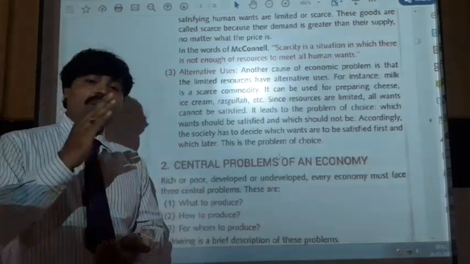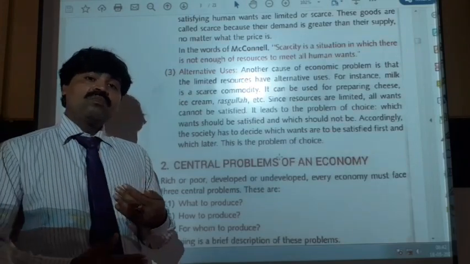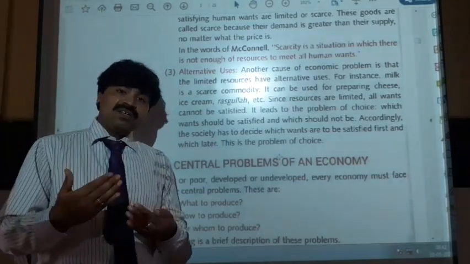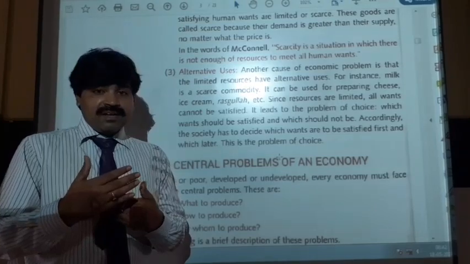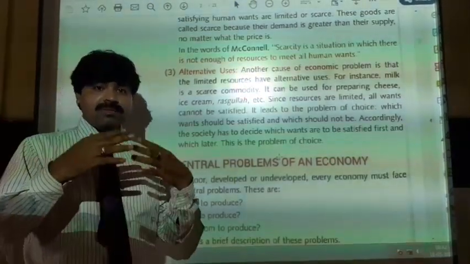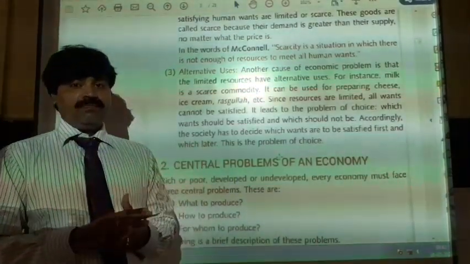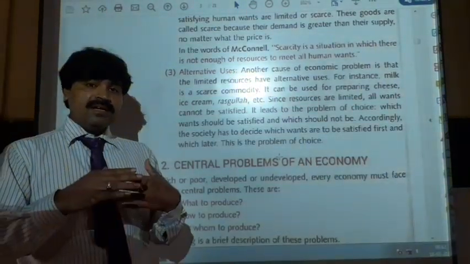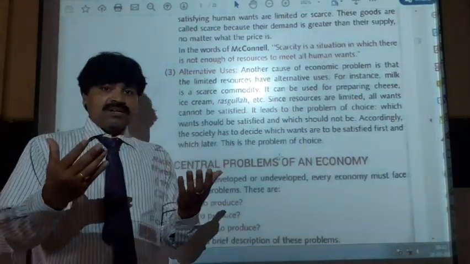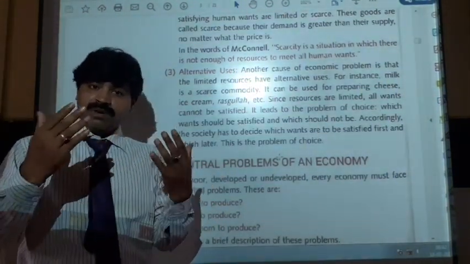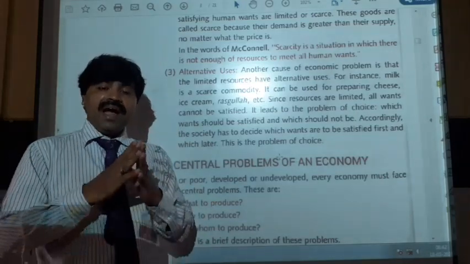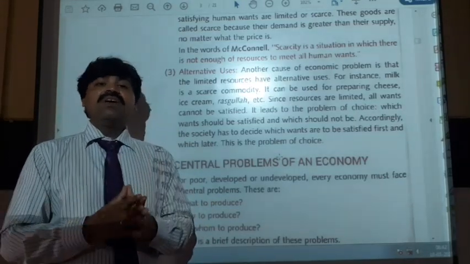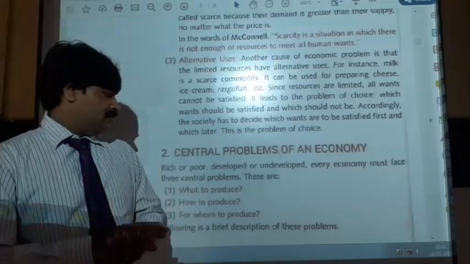Our economic problem is that how to properly utilize our resources to maximize the social welfare, to maximize the satisfaction of the consumer and profit of the producer and the welfare of the society.